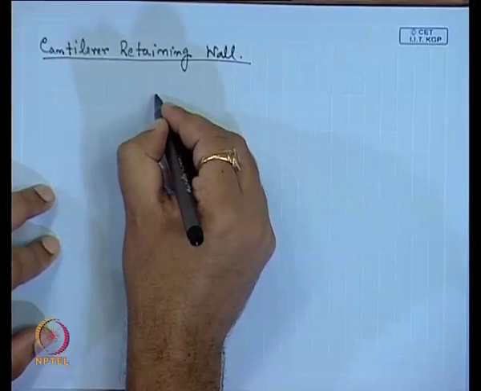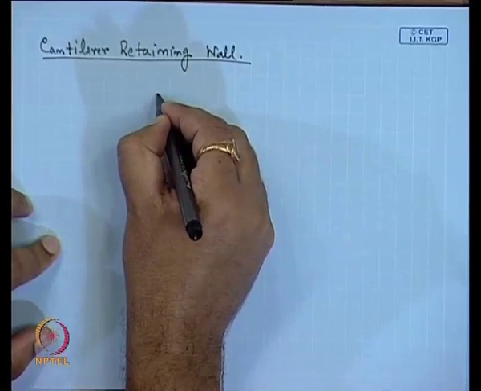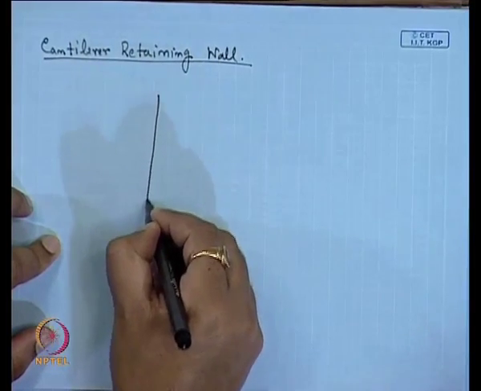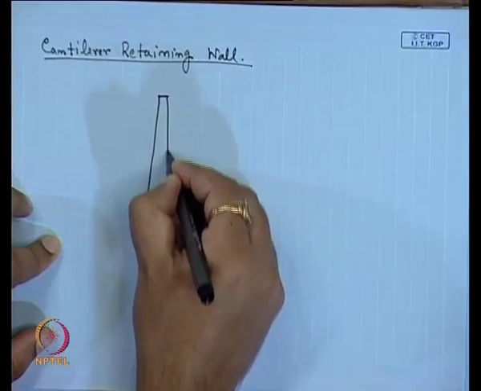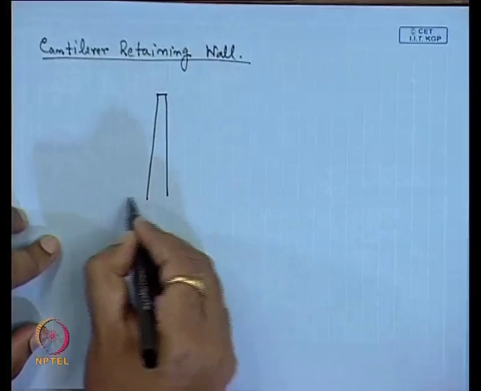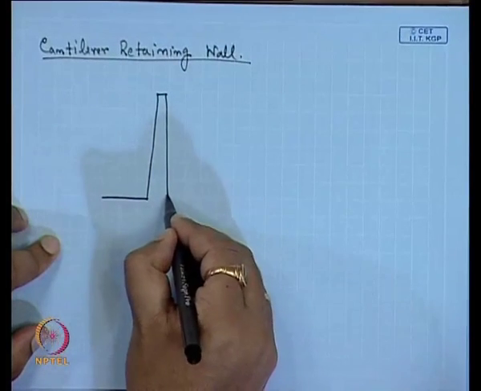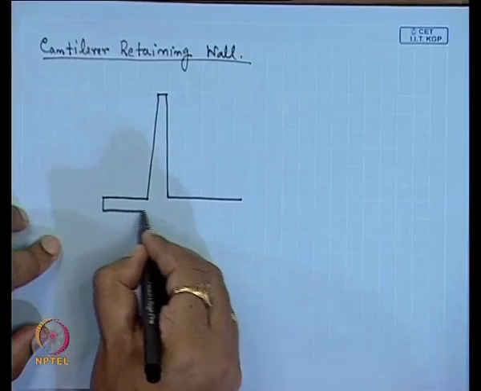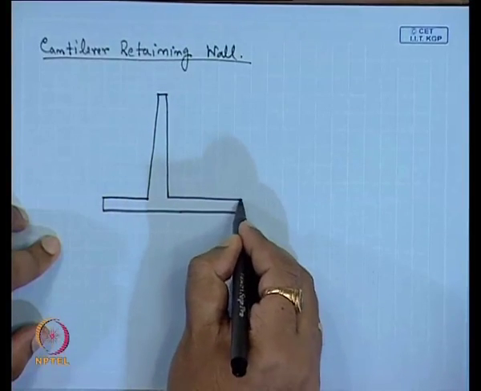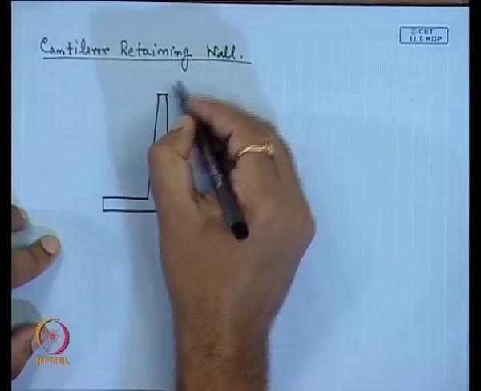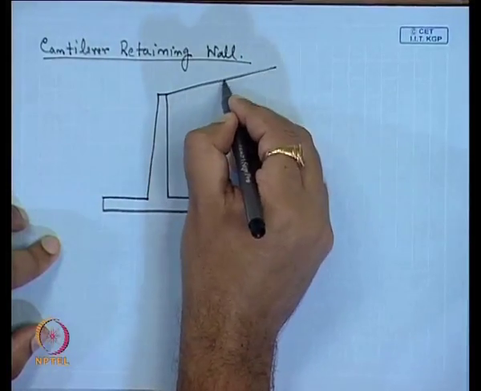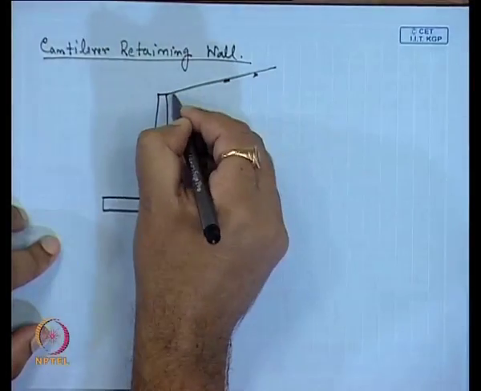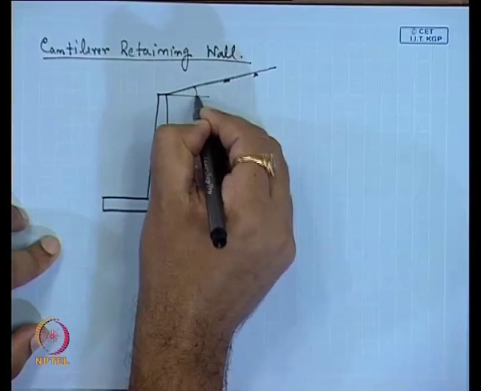Suppose this is the particular cantilever retaining wall. This is the ground surface on the backfill side, which is making an angle I again.